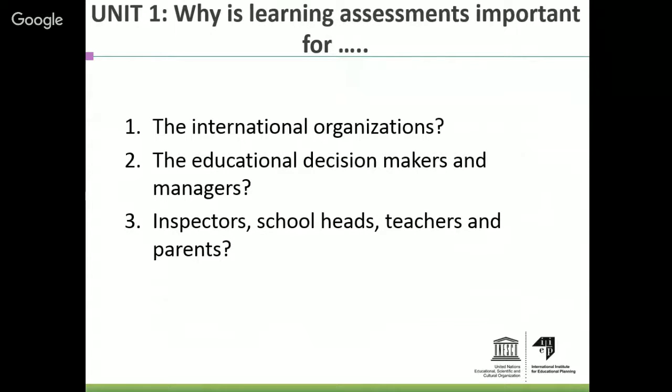So if you go back to this first activity, the question is, why is learning assessment important for international organizations, for educational decision makers and managers, and for inspectors, school heads, teachers, and parents? Actually, pupils were not mentioned specifically in this activity, but as mentioned earlier, the main purpose of any assessment system is improved learning for our pupils.